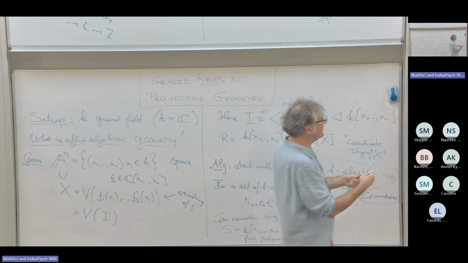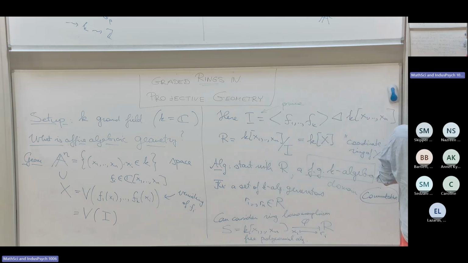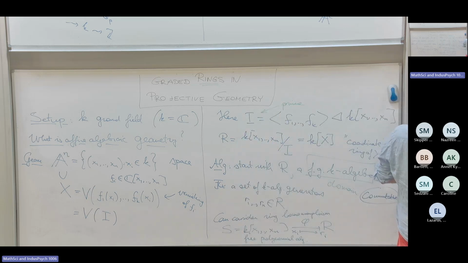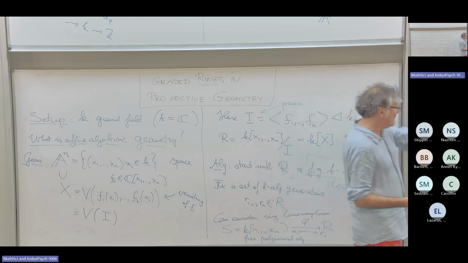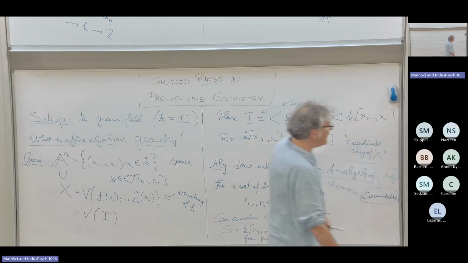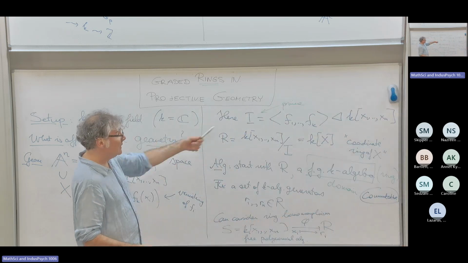So graded algebra means that R is the direct sum of the Rn, n greater or equal to 0, where R0 is just isomorphic to the base field, the constants, and then Rn is generated by homogeneous polynomials of the xi, of total degree n, modulo the ideal I. And because I itself is homogeneous, then this grading makes sense.